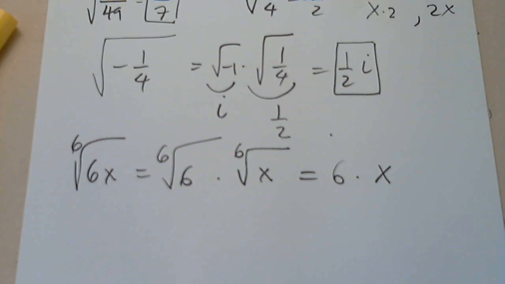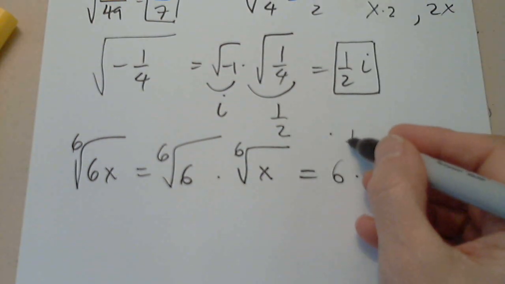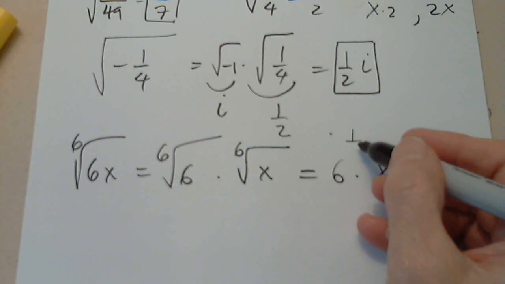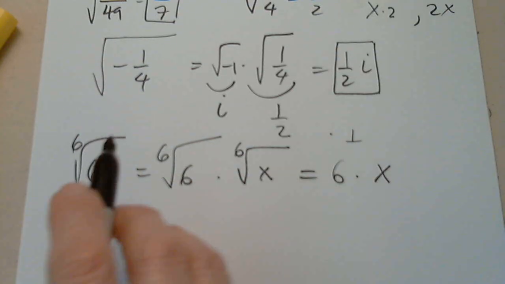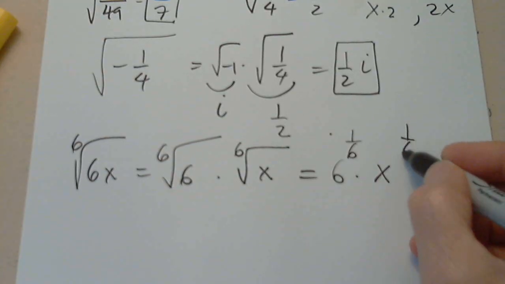But remember, a radical is an exponential notation with an exponent that is a fraction. It's a special one. Say it again. Right, 1 over 2. But the index is here, 6. 1 over 6. Indeed.